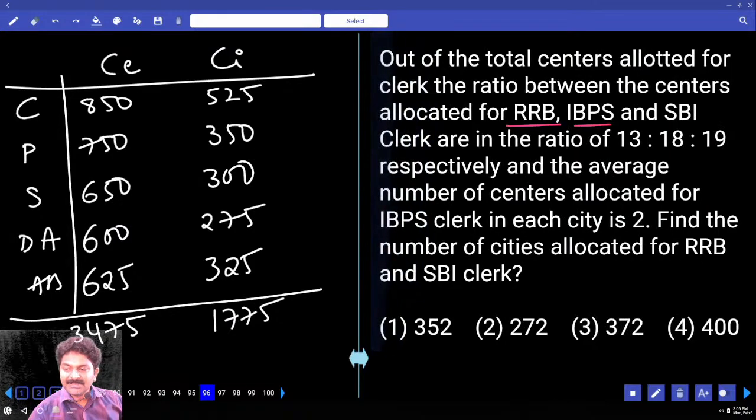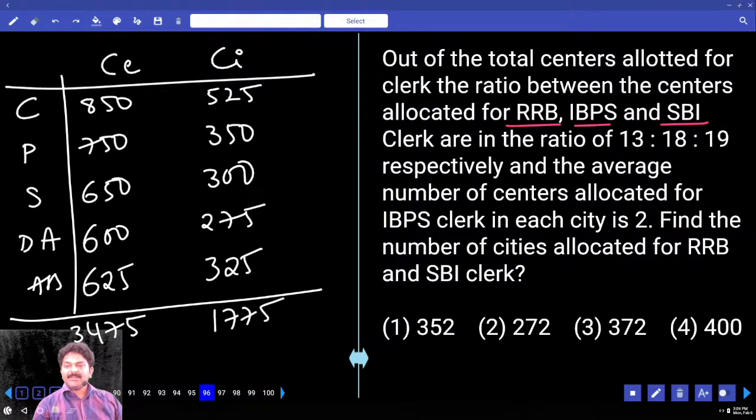RRB, IBPS, SBA. Okay, so let's divide first centers. How many parts do we have? 18, 17, 37. 37 plus 13, 50. 50 parts.